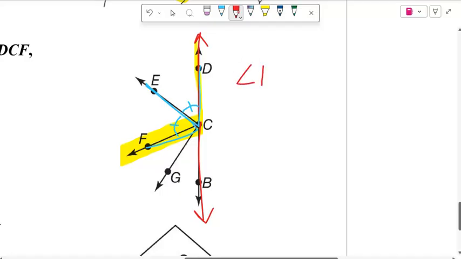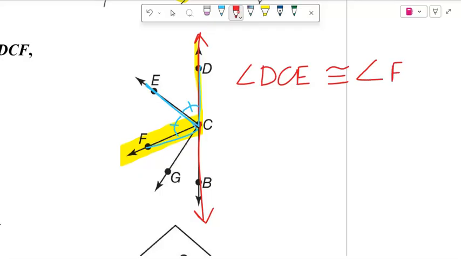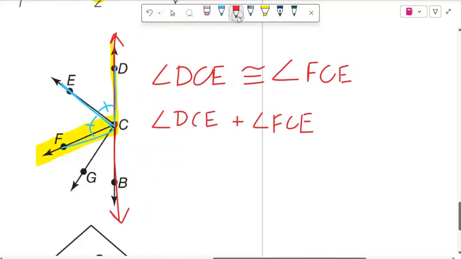Angle DCE is congruent to angle FCE. And then we could make the statement that angle DCE plus angle FCE, the two parts of the bigger highlighted angle, equal the whole bigger angle, which is angle DCF.